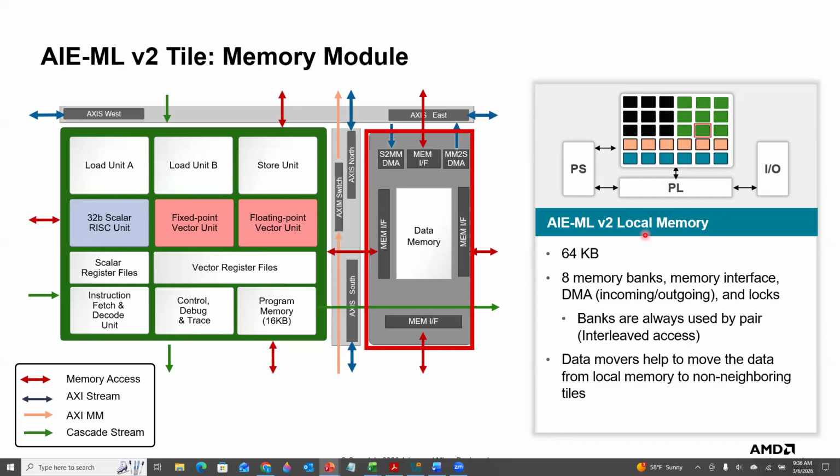Each one of these local memories in the newer family is now 64 kbytes. So that started with the AI Engine ML and continued into the ML version 2. So that is organized as 8 memory banks. And each one of those 8 memory banks has its own built-in arbitration. And the reason for the arbitration is that, remember, each one of these tiles is individually requesting access to that memory.